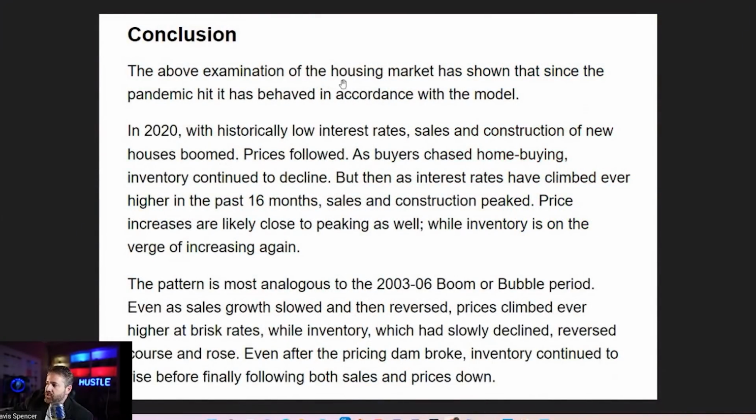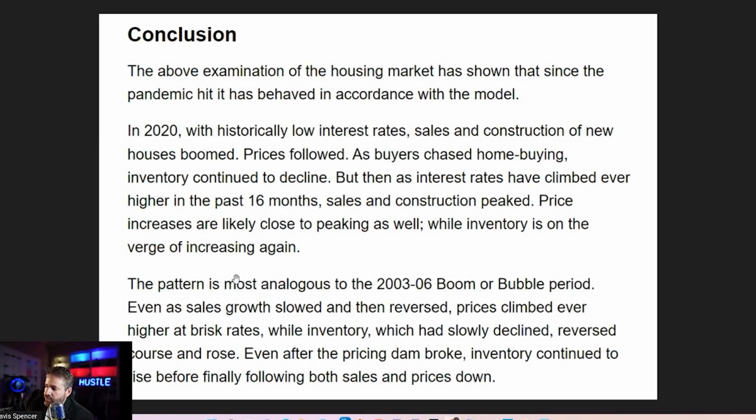The above examination of the housing market has shown that since the pandemic hit, it has behaved in accordance with the model. In 2022, with historically low interest rates, sales and construction of new homes boomed. Prices followed, as buyers chased home buying, and inventory continued to decline. But then, as interest rates have climbed even higher in the past 16 months, sales and construction peaked. Price increases are likely close to peaking as well, while inventory is on the verge of increasing again.